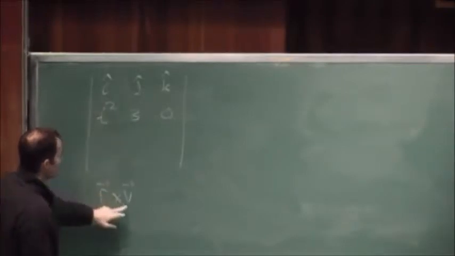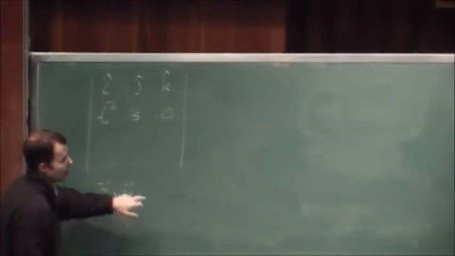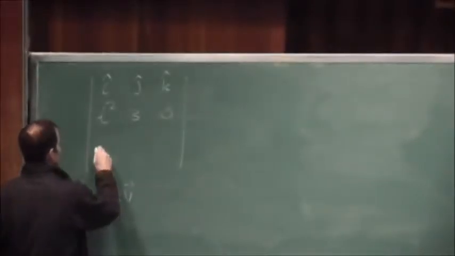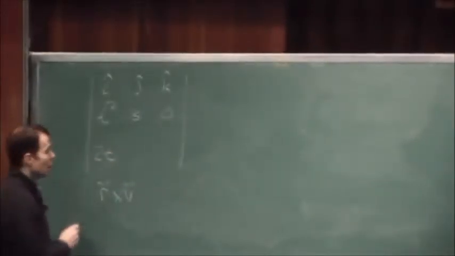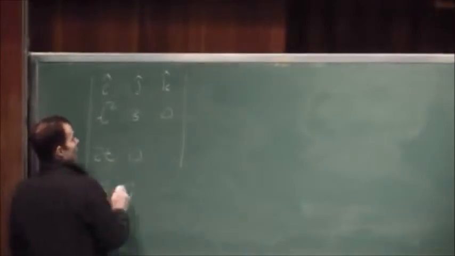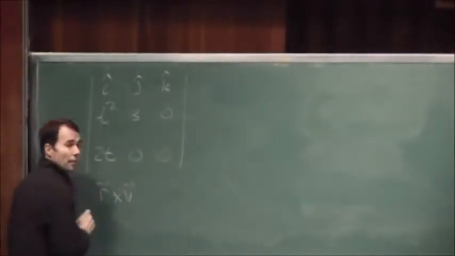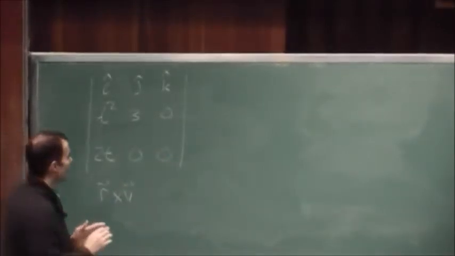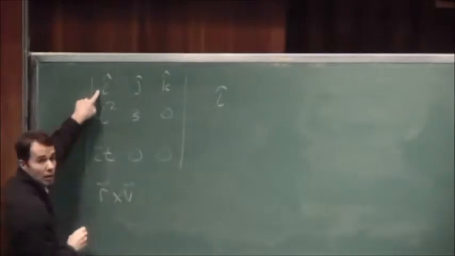Then in the third row, I do my v. Okay, so then I go to my v, and I can see that that's simply just 2t. I don't have any y, and I don't have any z. Okay, so what we do at this point is we take this first term and write it, i.